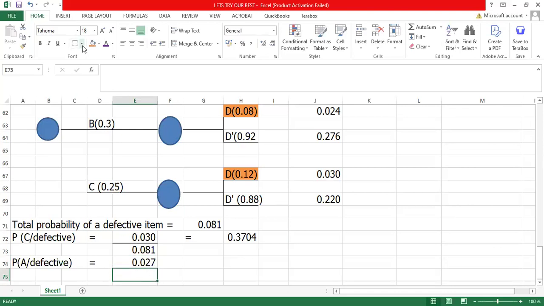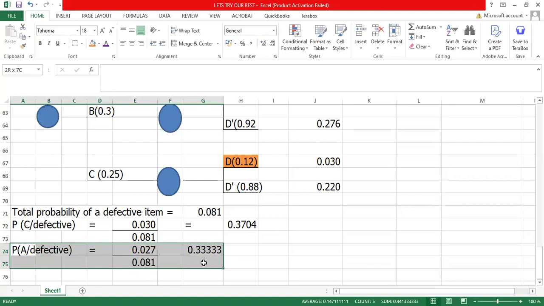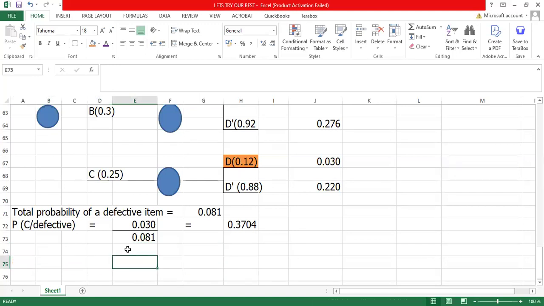So what is the total defective? Total defective is this one. So the answer would be this divided by this. Okay, so that's all.